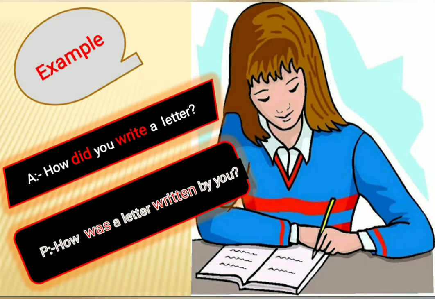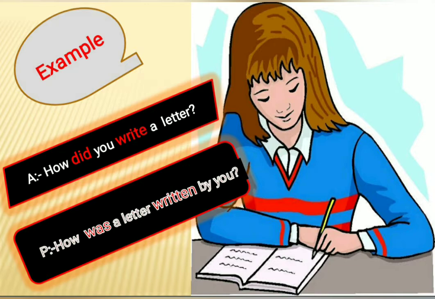Here, when you converted the sentence into passive, you have written "was" before "a letter", and after that you have to write the V3 form. This thing you have to always remember whenever you convert any sentence from active to passive. So you always follow the structure which is given to you before the example.